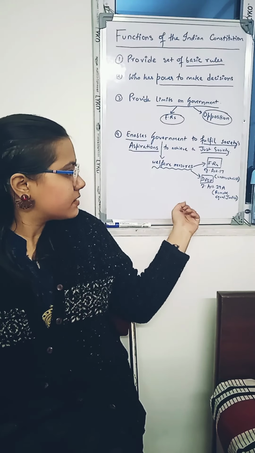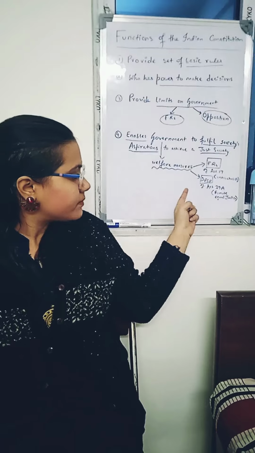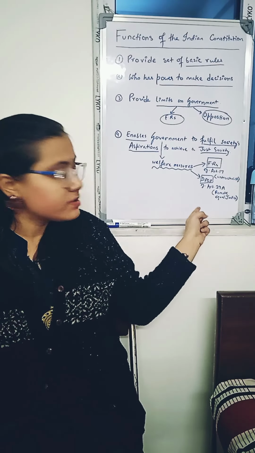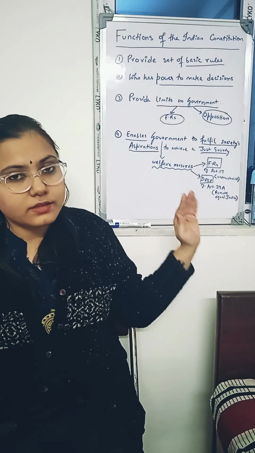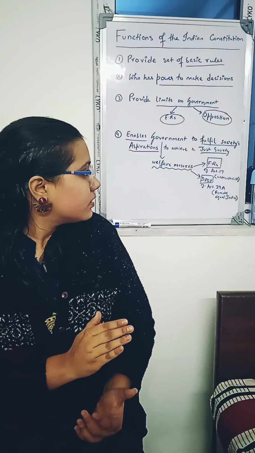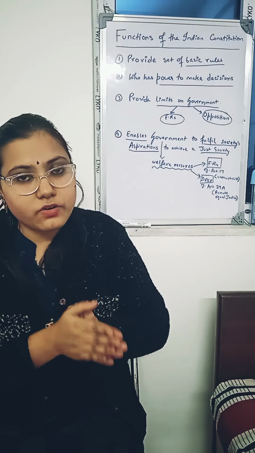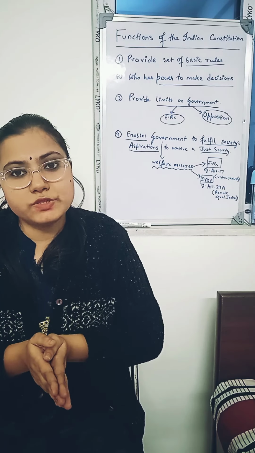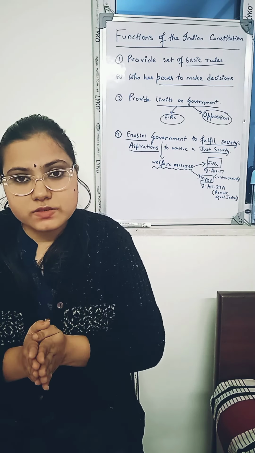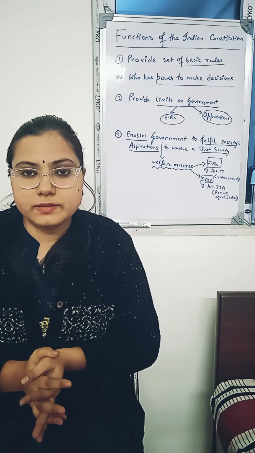And the second is DPSP. There's an article named 39A, which aims to promote equal justice. So this is another aspiration of our society which our government wants to fulfill, and our constitution has empowered our government to realize these aspirations and make society more just, more peaceful and more egalitarian.